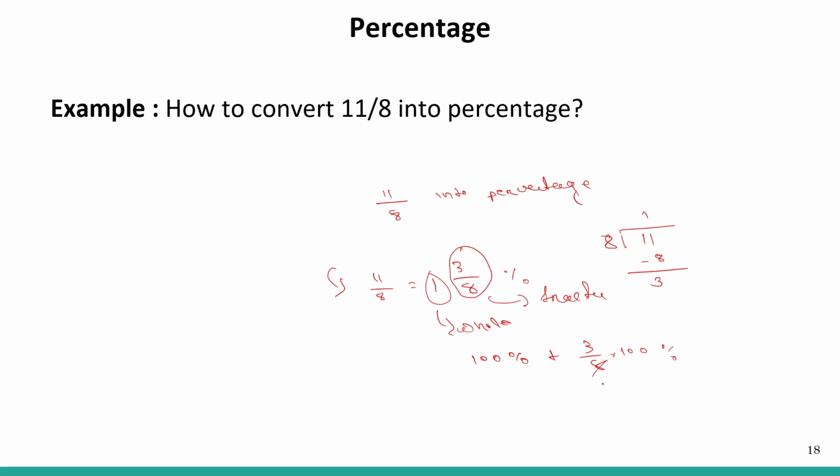By dividing it by 4, what we are left with is 25 here, so 75 by 2, or 37.5. So this will be equal to 100% plus 37.5%, that is equal to 137.5%.